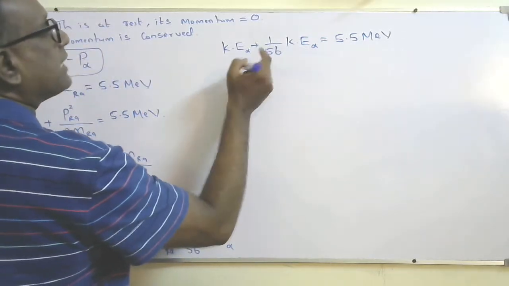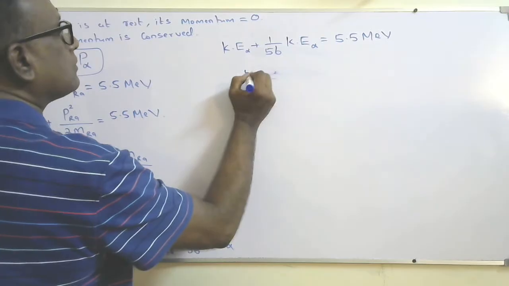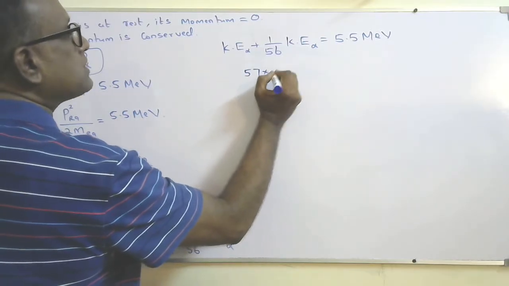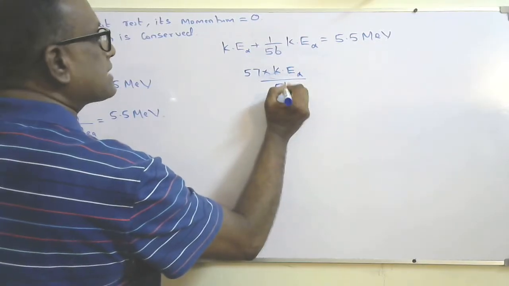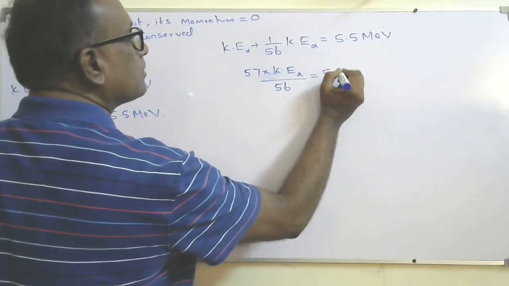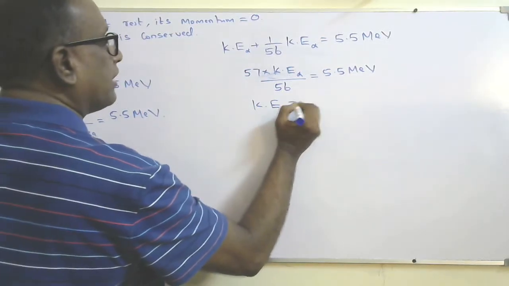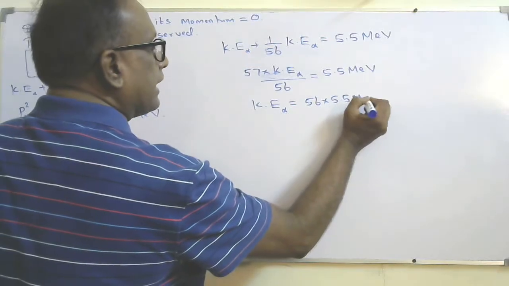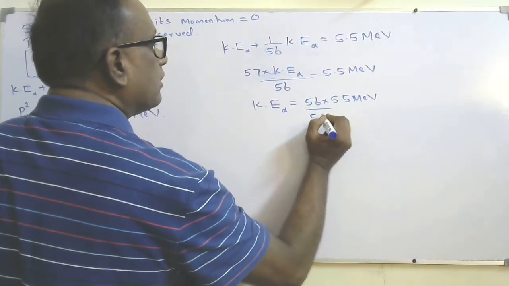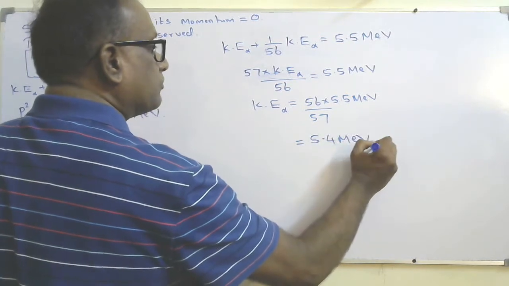That is 56 plus 1, which is 57, times the kinetic energy of alpha over 56, equal to 5.5. So the kinetic energy of alpha is 56 times 5.5 mega electron volt over 57, which is almost 5.4 mega electron volt.